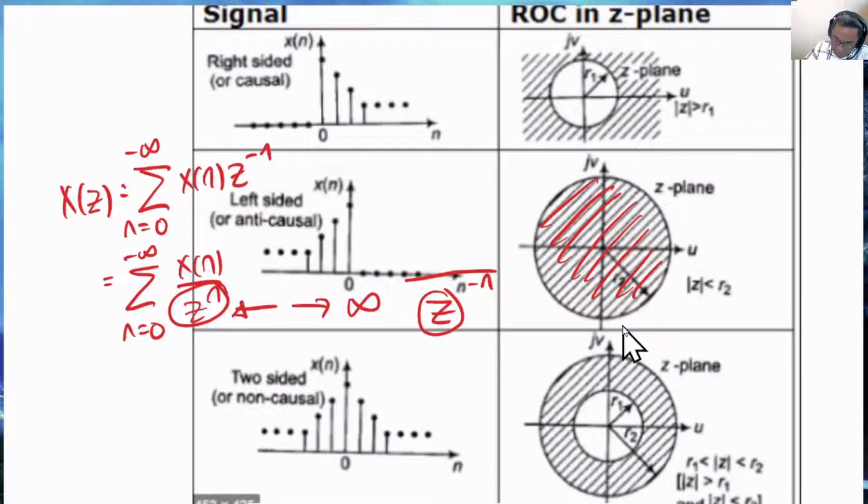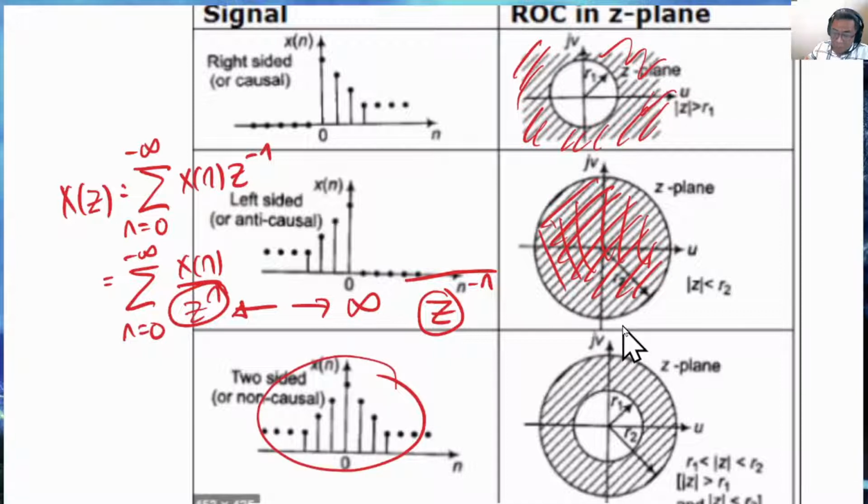So compared to the right-sided causal sequence, where the region of convergence is external to the pole position, in the anti-causal signal the region of convergence is inside a ring.